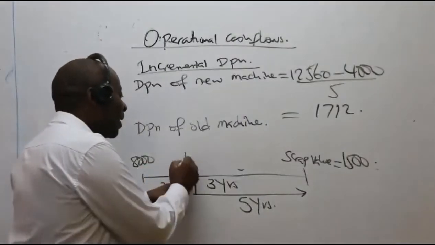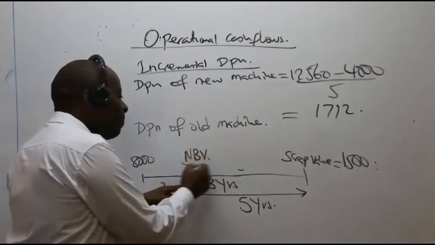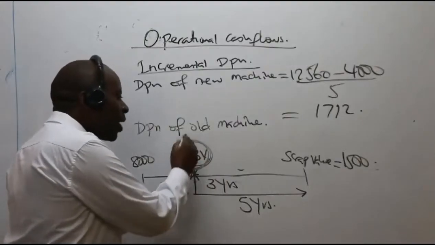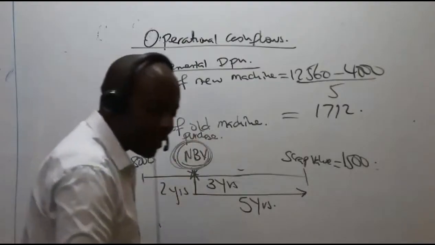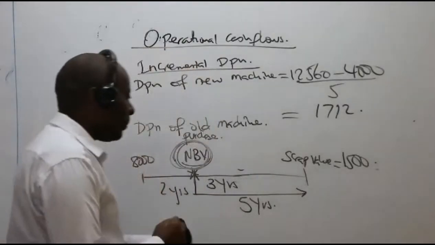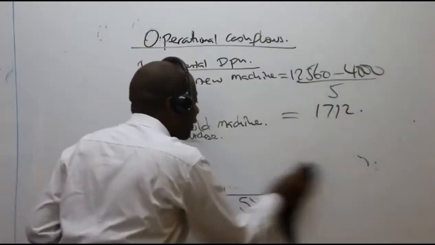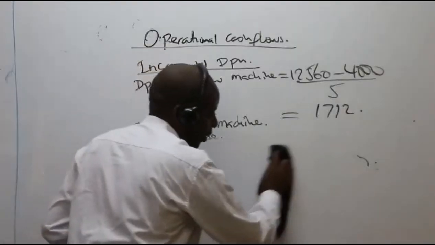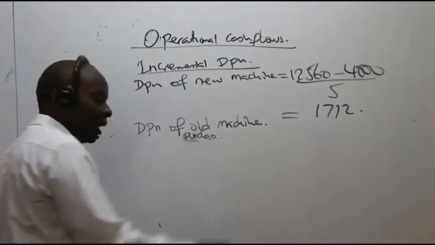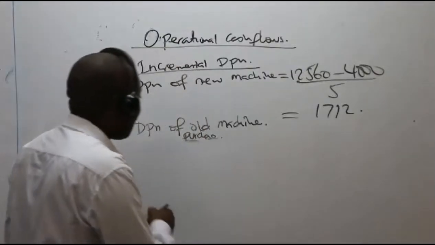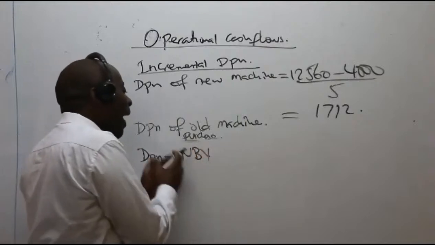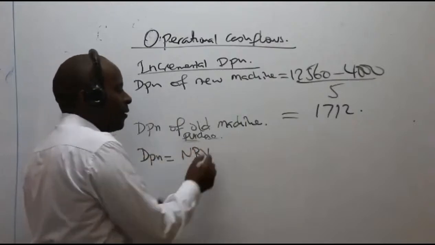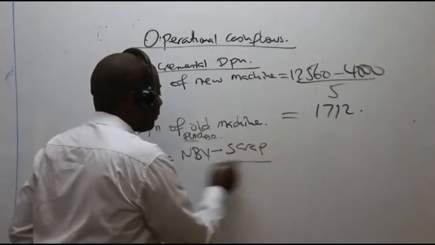Ladies and gentlemen, here we should work with NBV, net book value, as our purchase. That is why in section 1 you are told that whenever there is a revaluation or a change of useful life, for you to get depreciation, take net book value as at the time of revaluation minus the scrap, all over n.